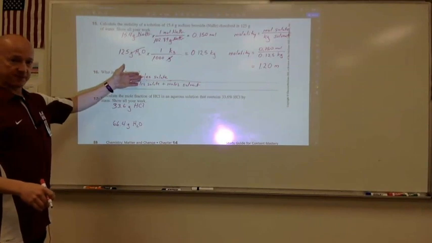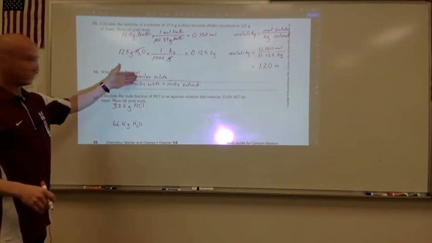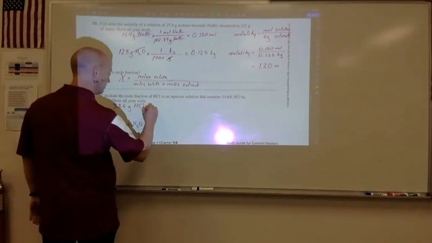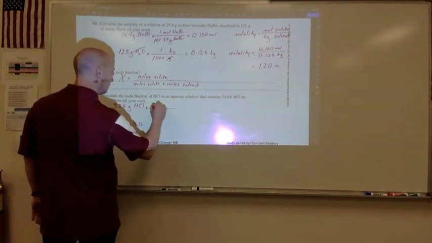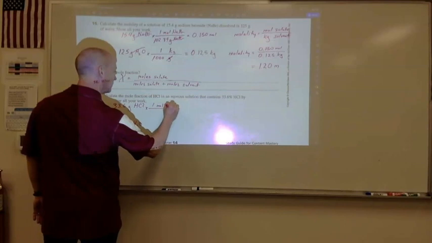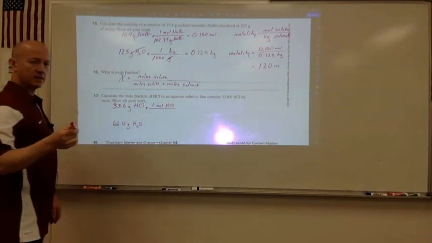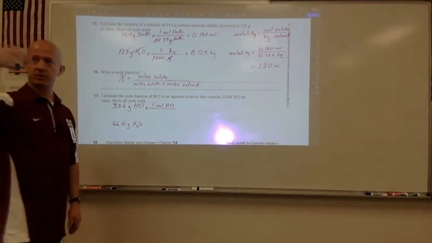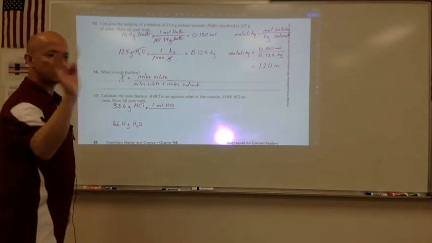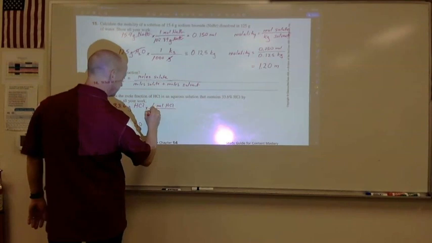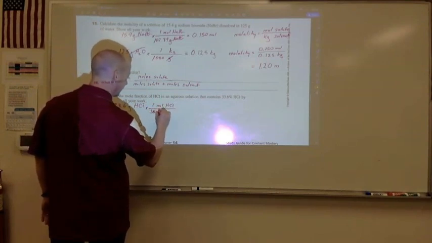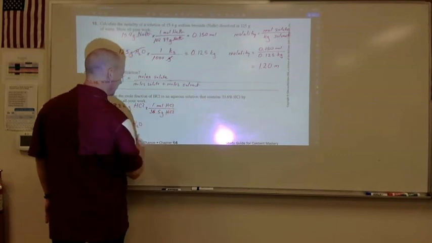We're just going to figure out moles of each one, right? That's what we need for mole fraction. So we have 1 mole HCl, and grams of HCl, we got 1 plus 35.45. We'll just round it for now, 36.5 grams HCl.